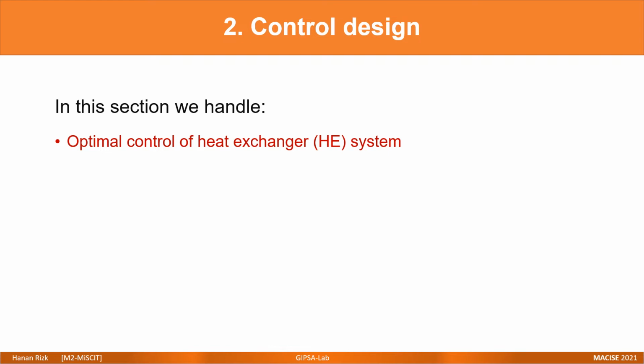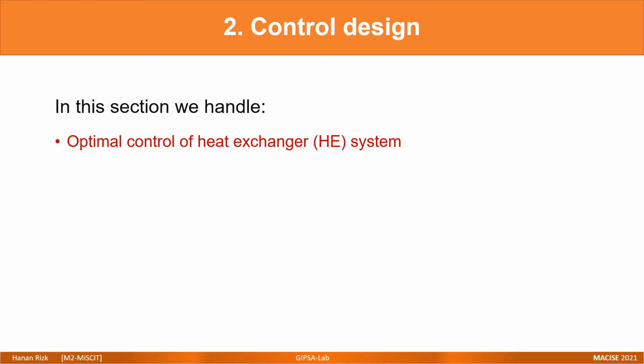Our objective from this work is to present the optimal control of a double pipe heat exchanger system, which is a complex system modeled by two first-order coupled hyperbolic partial differential equations, based on the adjoint method calculus of variation.